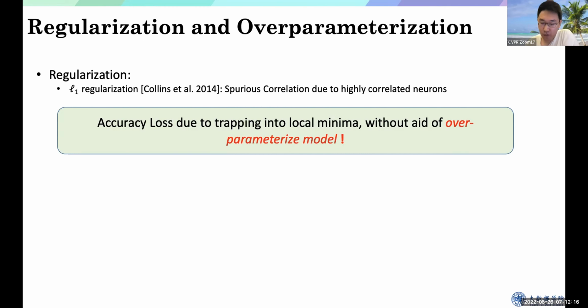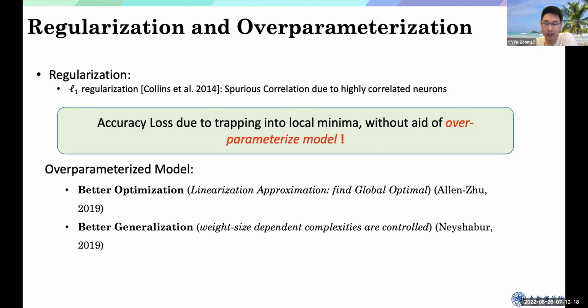A series of recent works have found the advantage of over-parameterized models in terms of optimization and generalization. So training an over-parameterized model can be viewed as a linear approximation to the network function, which makes it easy to find the global optimum.